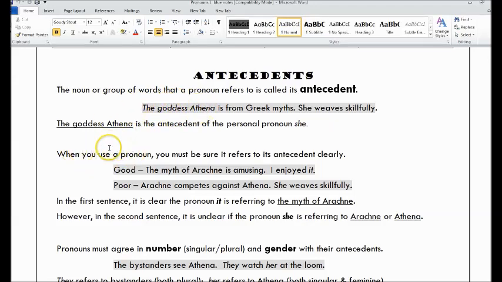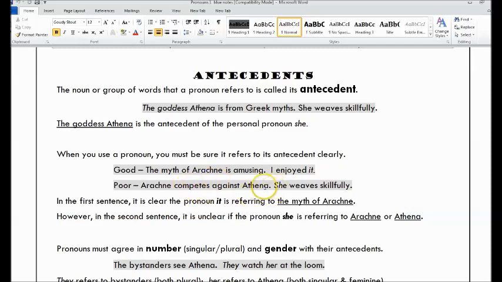When you use a pronoun, you have to be sure it refers to the antecedent clearly. So, the myth of Arachne is amusing. I enjoyed it. It is clearly referring to the myth of Arachne. There's no confusion. However, if we have a sentence, Arachne competes against Athena, she weaves skillfully, we are confused.